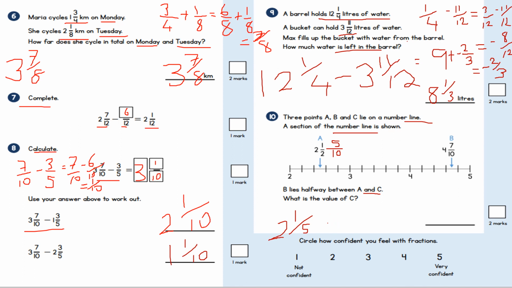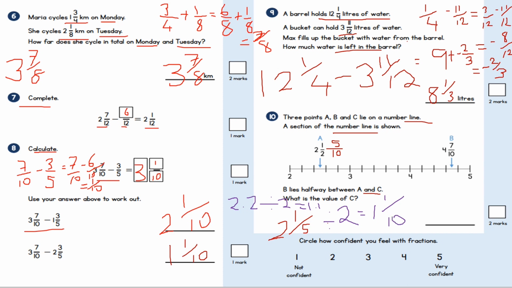Okay. So if I half it, that will tell me how much I've got to add on to 2.5 to work out what C is. Okay. So that's the same as saying 2.2 divided by 2, because 1/5 is the same as saying 0.2, which gives you 1.1, or 1 and 1/10.